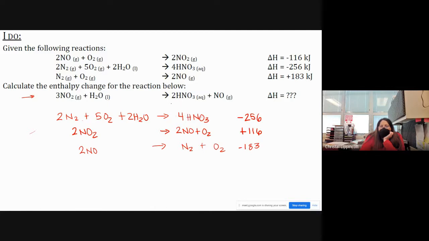So this divided by 2 is gone. This divided by 2 becomes 5 over 2. This is gone, and this becomes a 2. What happens to this? Divide by 2. So when I divide that by 2, it ends up being 1.